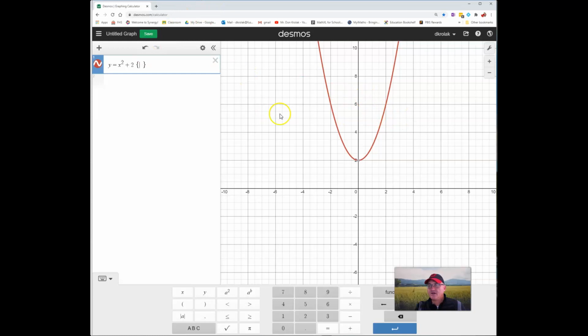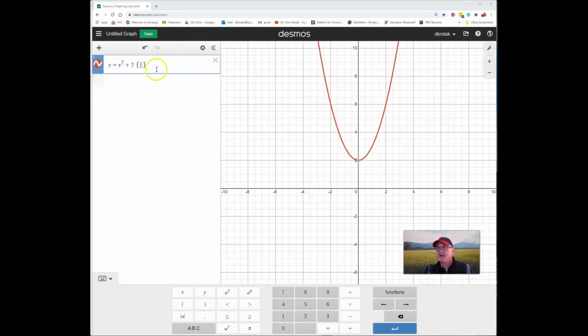Right now it's not one-to-one because it would fail the horizontal line test. But I can make it one-to-one by either graphing the left-hand side of it, which would look like this, or by just changing this to greater than or equal to, graphing the right-hand side. Either way, that's how I'm going to get it to be a one-to-one function.